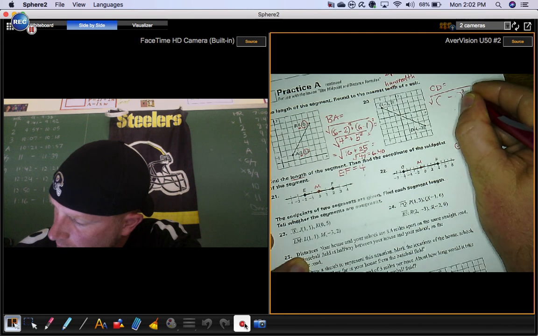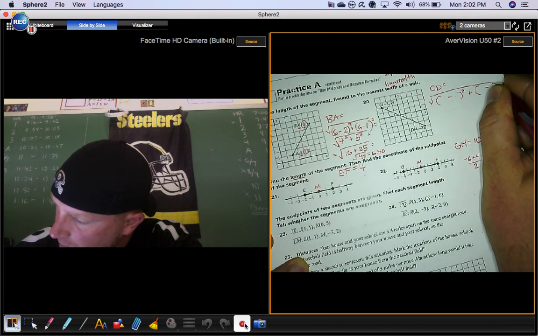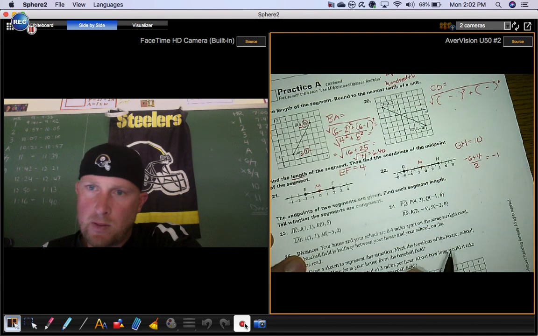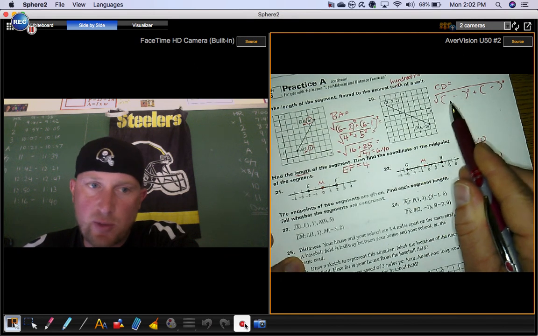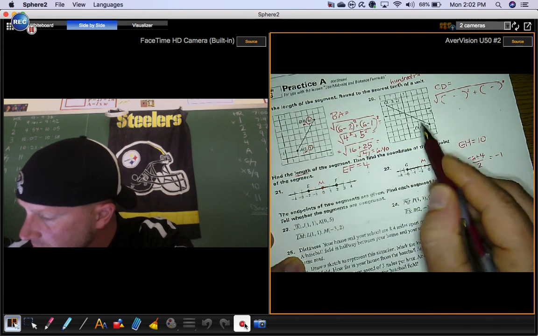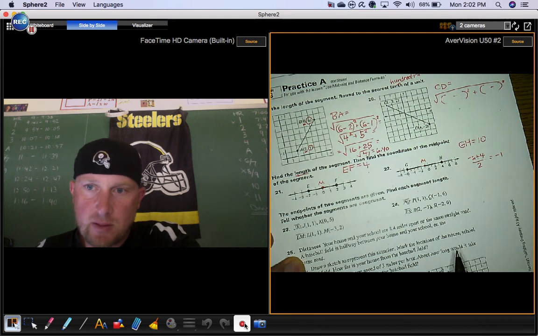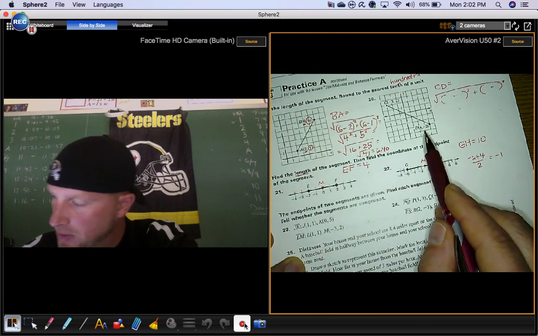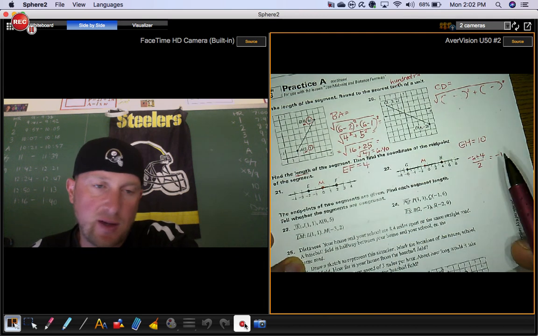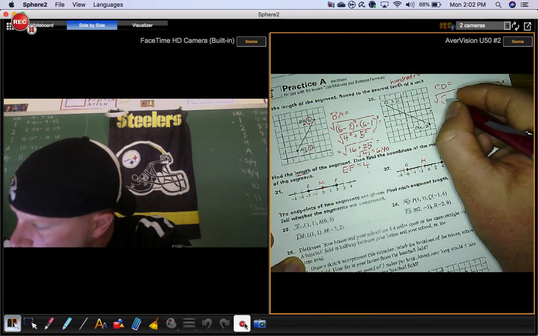Big radical with some stuff. Let's put our x's in here, and it doesn't matter which way you put them in first. Here's an x, here's an x. I think I chose this x first up here, so maybe I'll do this one first down here. It's not going to make a difference in your answer.